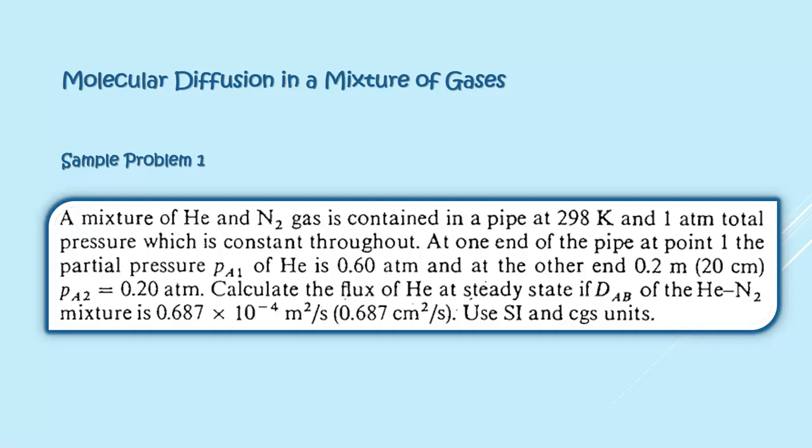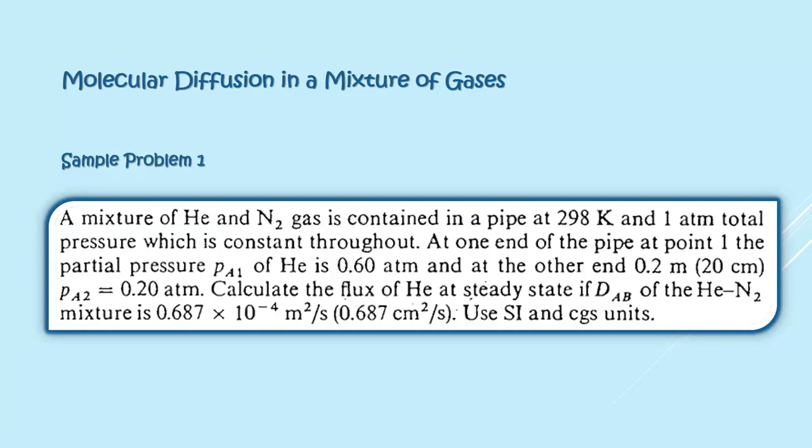Now, at one end of the pipe, let's label that end point 1, the partial pressure of A, which is helium, is 0.60 atmosphere. Notice that the partial pressure of helium, P sub A, has a number 1 after it, noting that it's at point 1.